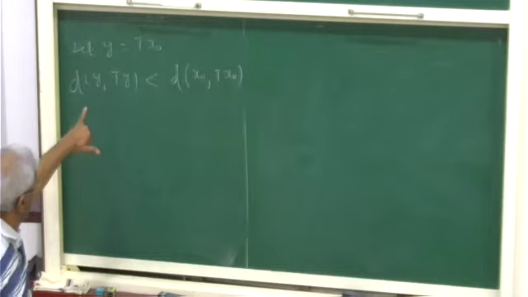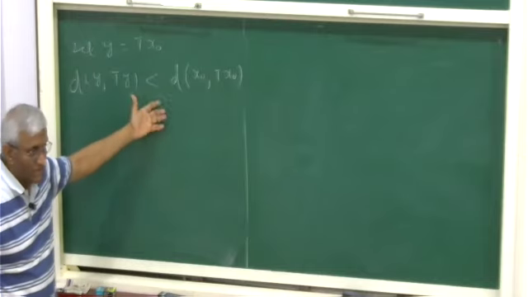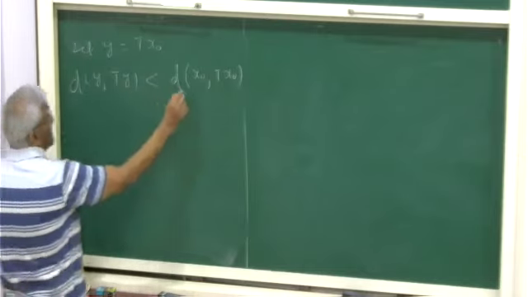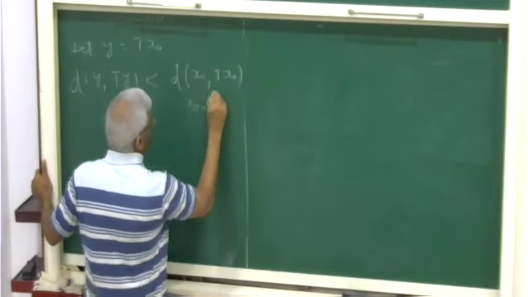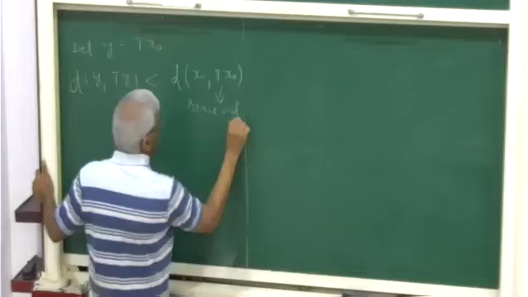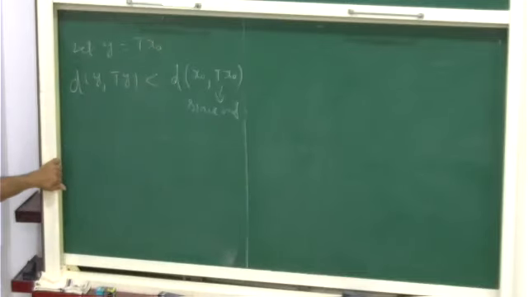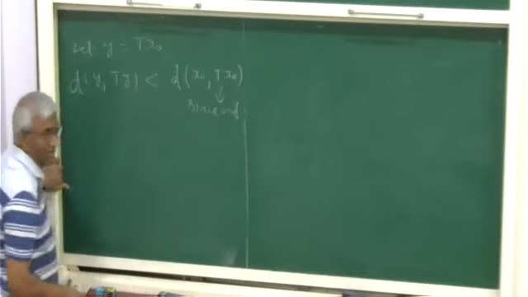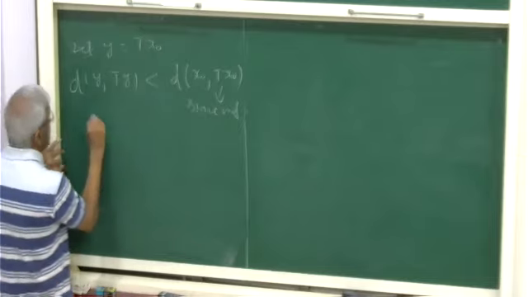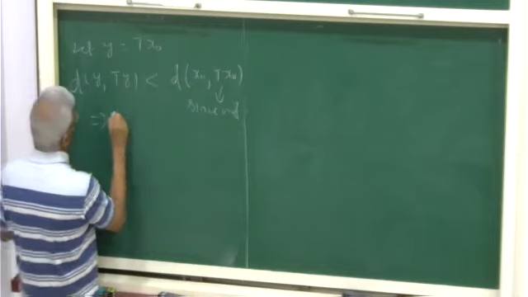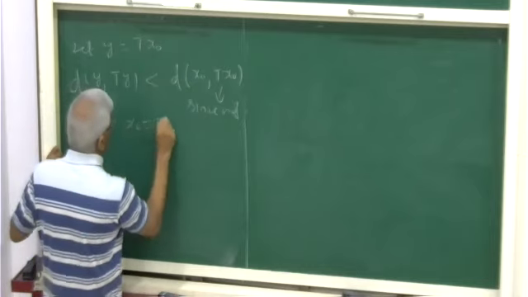So this is strictly less than that, which is not possible. Since this is the infimum, please understand what I'm writing, this cannot be less than that. So this should be equal, but that happens only if they are equal.